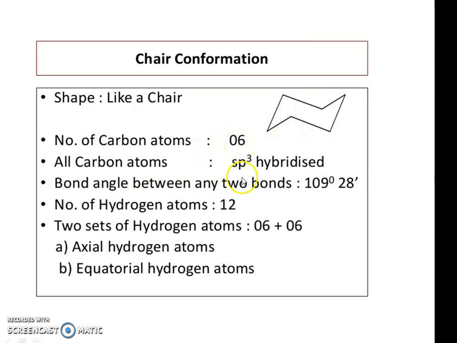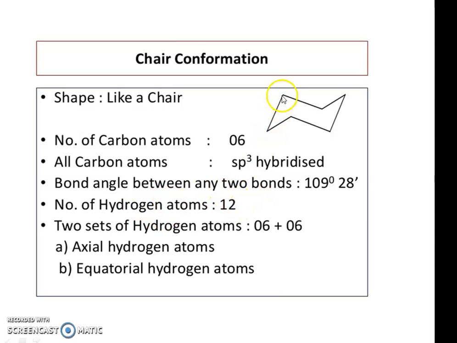So all these 6 carbon atoms are sp3 hybridized carbon atoms. And the bond angle between two carbon atoms observed is 109.28 degrees, which is the normal tetrahedral angle of sp3 hybridized carbon. So the number of hydrogen atoms is 12.